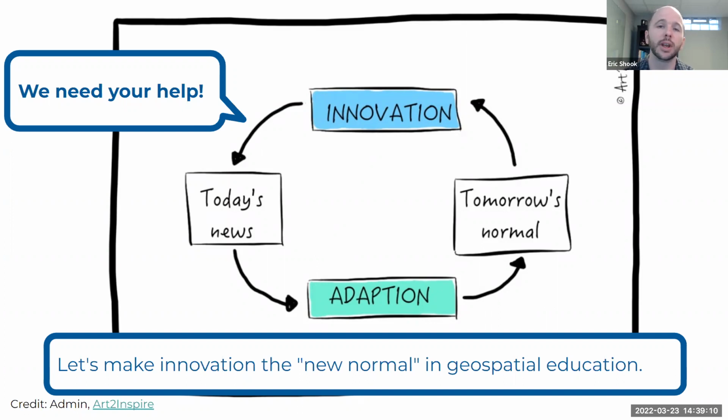The new normal that I hope we all strive for is that of innovation, where innovation becomes the new normal for us, where we continue to adapt to meet the needs of everyone around us so that we can actually get to the convergent science drivers and solve some of the major world problems that I-GUIDE is trying to tackle.